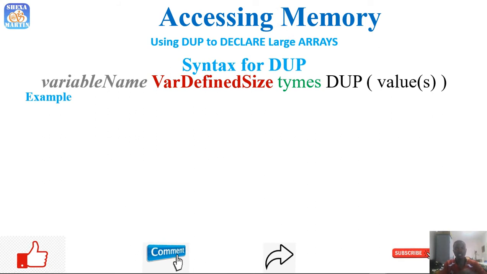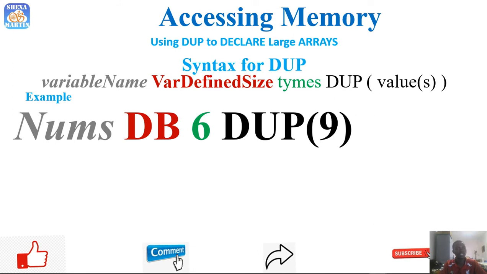Right. So let's look at an example where we have nums db 6 dup(9). Think about it. What is happening here? We've talked about the syntax, and here we have the example.